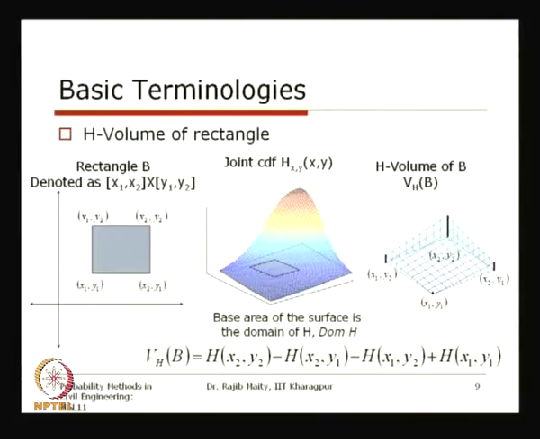Basically, what does the ordinate here at x2, y2 mean? If this is a joint CDF, that is the cumulative distribution function, then this ordinate is nothing but the total volume covered by the PDF, the probability density function, up to this point.